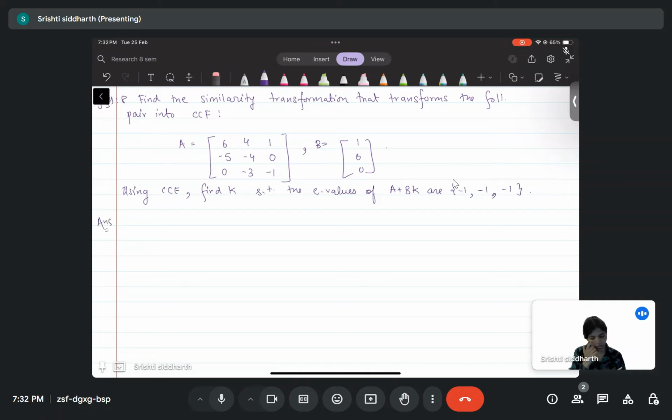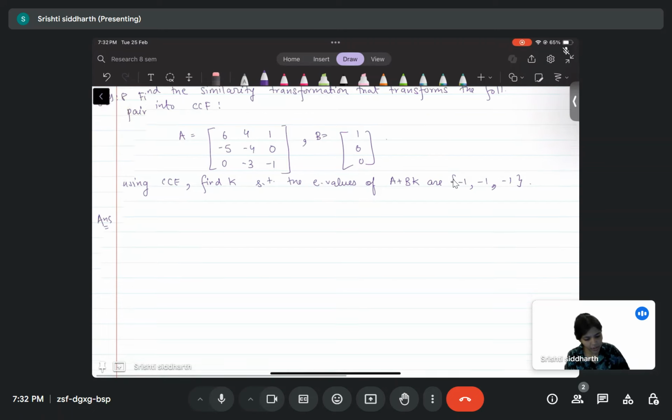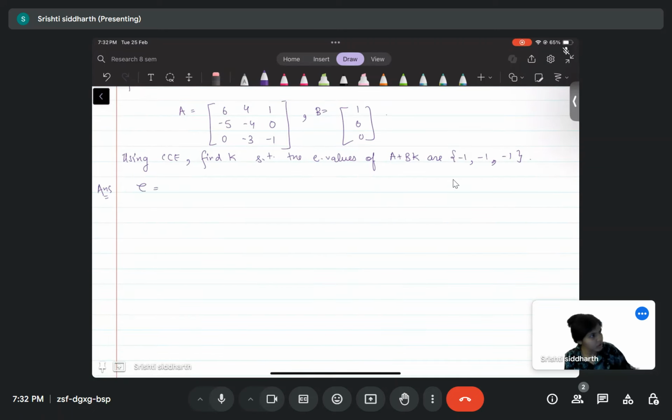So the first step to find the similarity transformation is to form the controllability matrix. This is B, AB, A squared B. I'm going to write this down directly. You can check this later. This is 100, minus 50, 16, minus 10, 15.